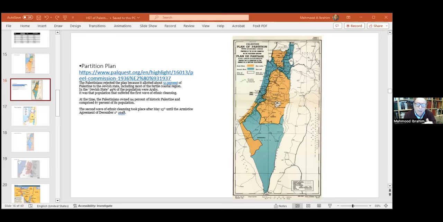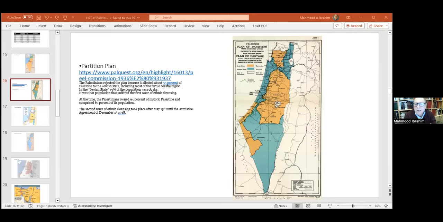And you might also know that they began to shed their colonies, not only in the Middle East but elsewhere in Africa. India, for example, also became independent in 1948.